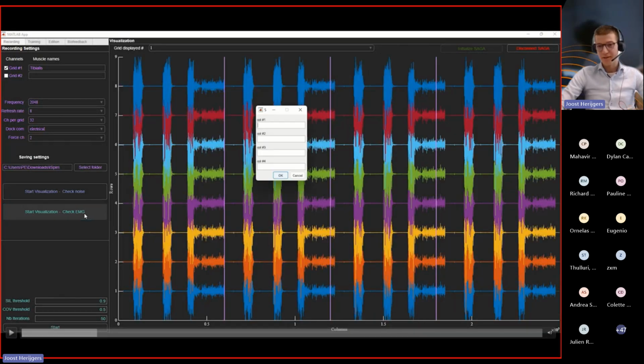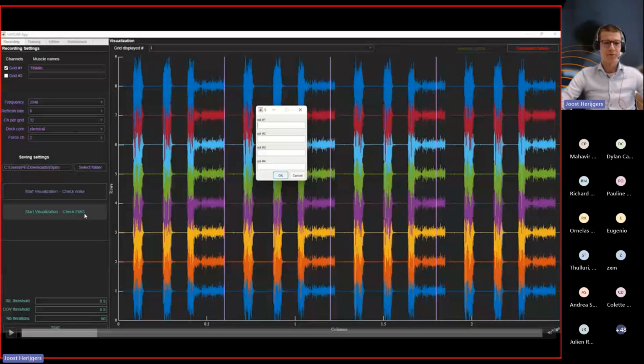At the end of this noise check, which is 30 seconds of various voluntary contractions by the subject, we get these graphs. You can see multiple things here. There are 4 different columns highlighted, and the 4 columns all relate to a column on the EMG grid. For each column, there's one row of the EMG signals.